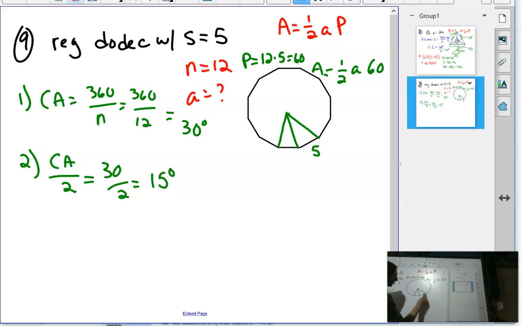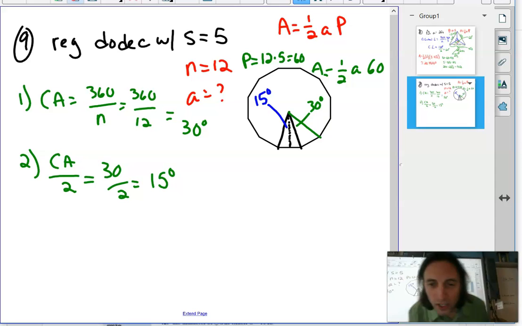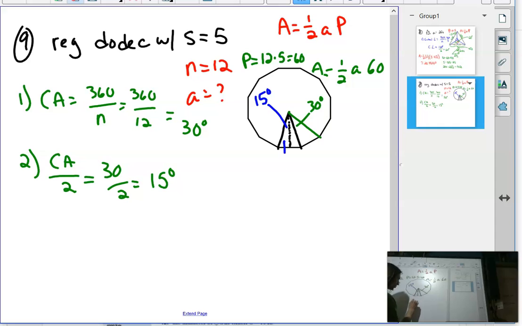So let's just break this down. So I've got this one right here. And I know that part's 30. And this little part right there is 15. Awesome. So what I'm going to do is send that triangle down to blow it up for you.